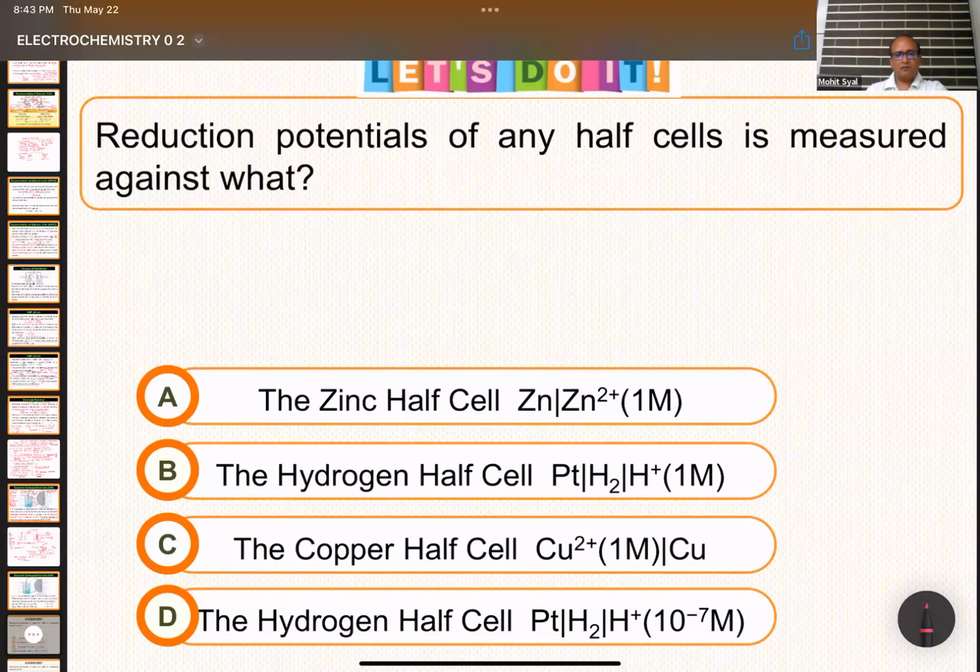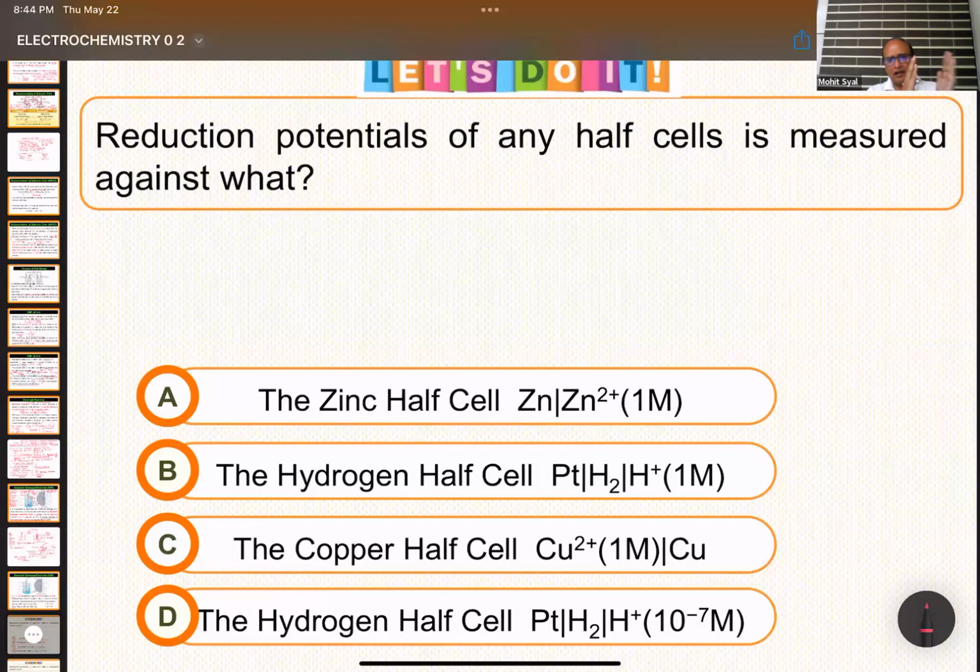So what is the answer to this problem? Tell me. Reduction potential of any half cell, or half cell means any electrode.